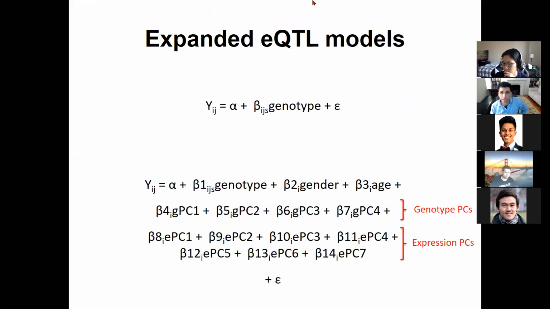Okay, so now instead of just looking at the traditional regression framework that we saw earlier, where your expression depends on your genotype with some beta, what we're going to be doing instead is asking, well, my expression depends on some baseline alpha, and then my genotype at that location, so all of the nearby SNPs, plus some effect of gender, some effect of age, some effect of each of my genetic principal components, and some effect of each of my experimental principal components, plus some error.